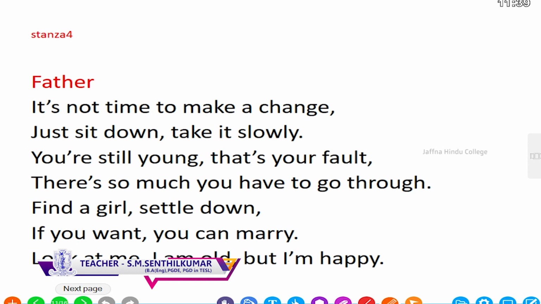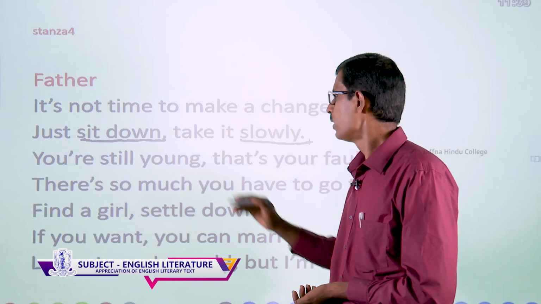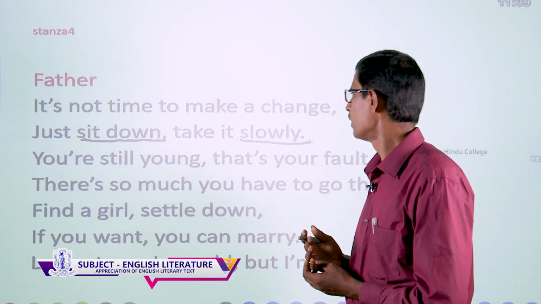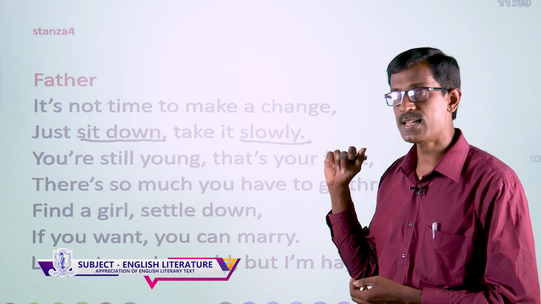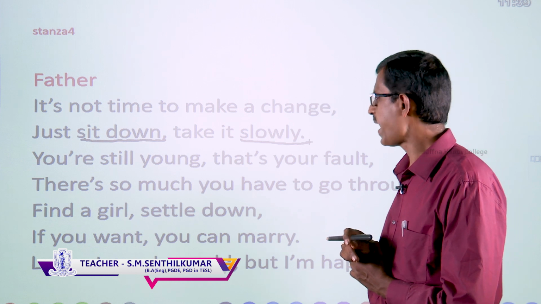Here, the first stanza is repeated, except these phrases. Sit down, and this word and phrases: take it slowly, take it easy. Earlier, in the first stanza, they say, just relax.